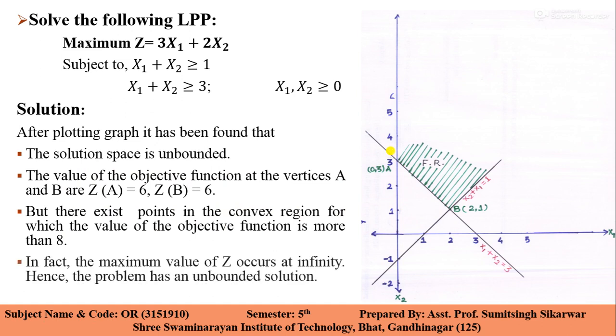So this is a case of unboundedness, and the maximum value of z occurs at infinity.